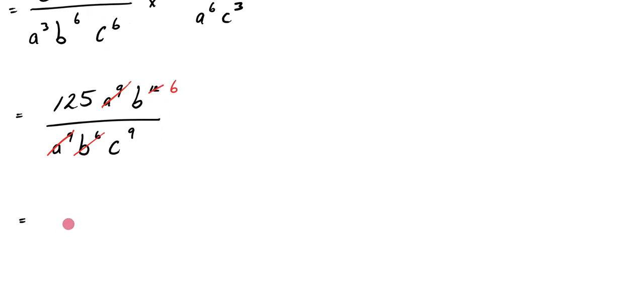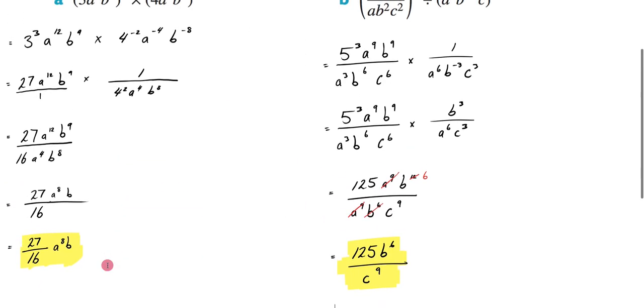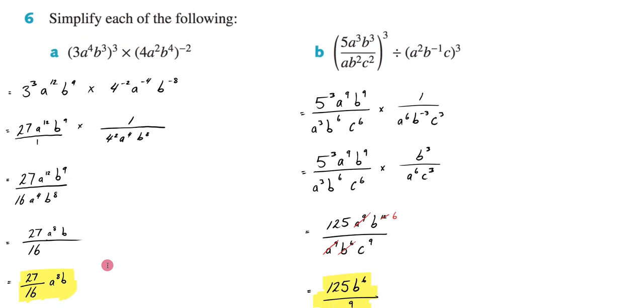So that means what I'm left with is 125 B^6 over C^9. And that is my final answer. So a few steps there, but hopefully that all made sense into getting to the right answer, which is 125 b to the power of 6 over c to the power of 9. So we have now answered, let me zoom all the way out, question 6, and we answered both of them.